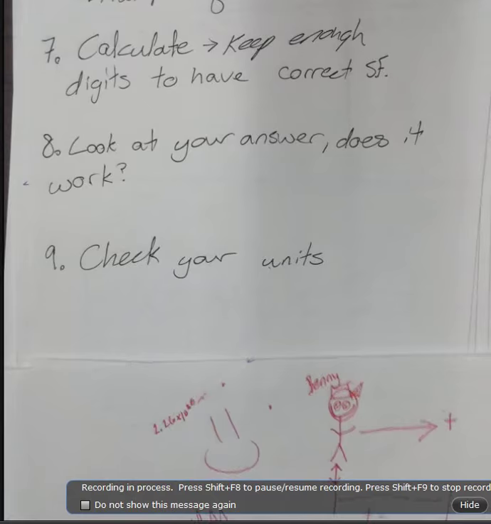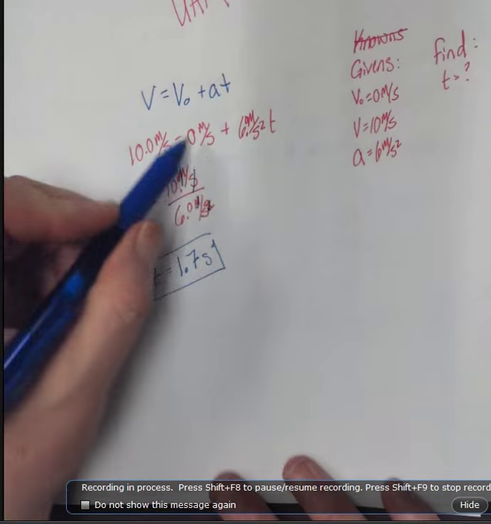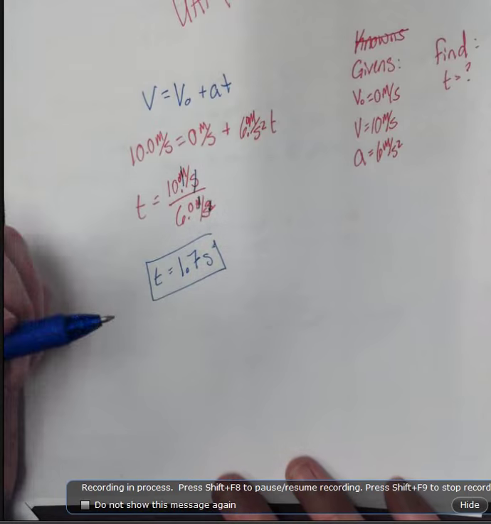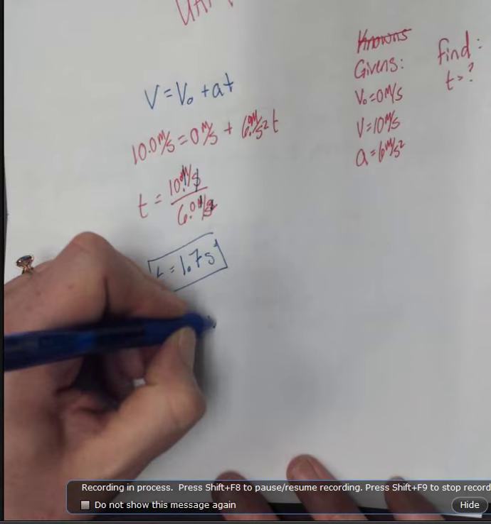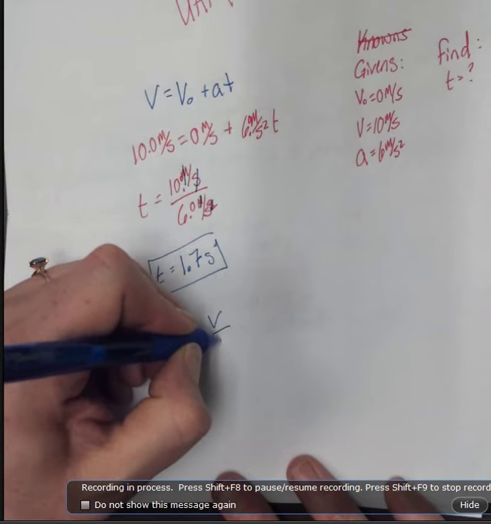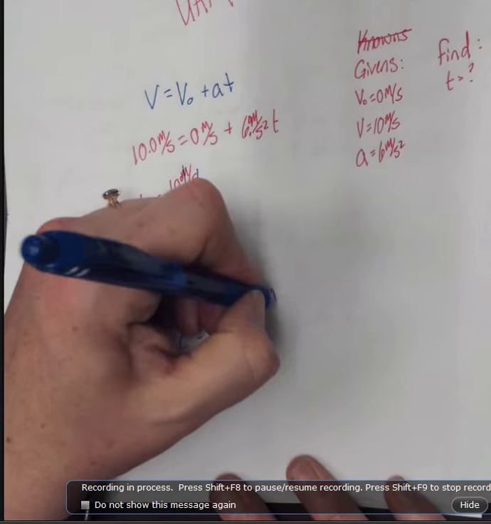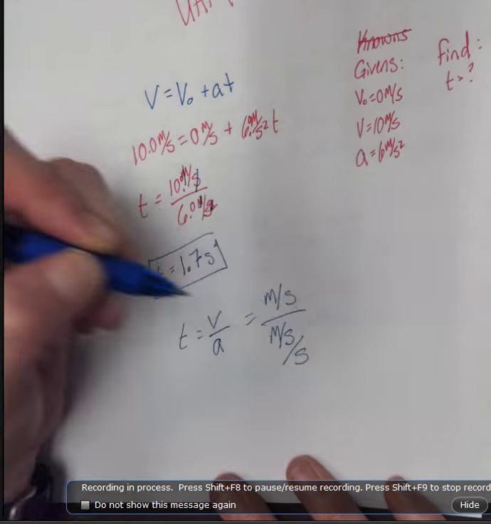And then you're going to check your units. Checking your units is another thing that I've seen people skip steps on. Notice that I write down my units and I resolve them every time. Sometimes you can figure out an answer just by working with the units. In this equation we had time equals velocity over acceleration, right, so we had meters per second over meters per second per second.